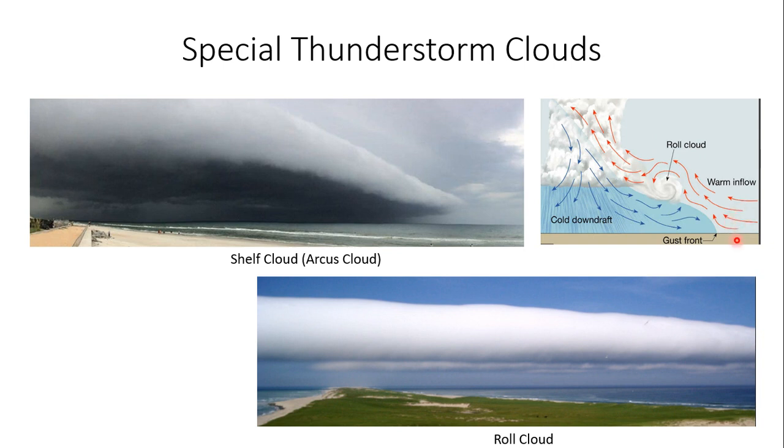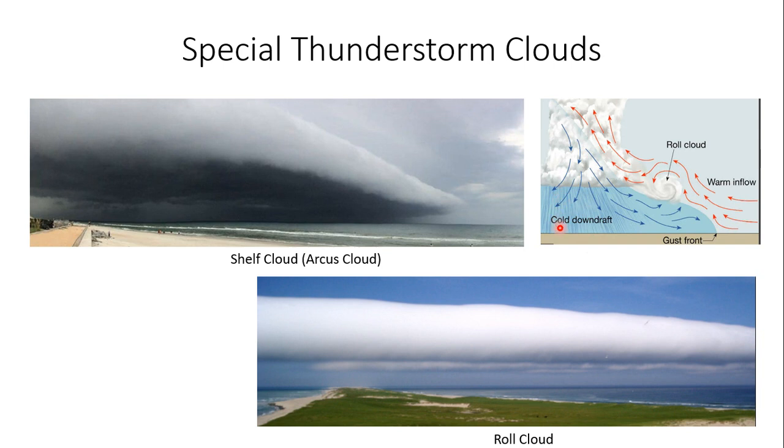So out ahead of a gust front, as the red arrows indicate, you have warm, moist air that's rising. Again, consider this gust front. This gust front is really another version of a cold front in the atmosphere. So you have these blue arrows in the diagram here, the upper right, that depict the cooler downdraft air coming out of the thunderstorm cloud.